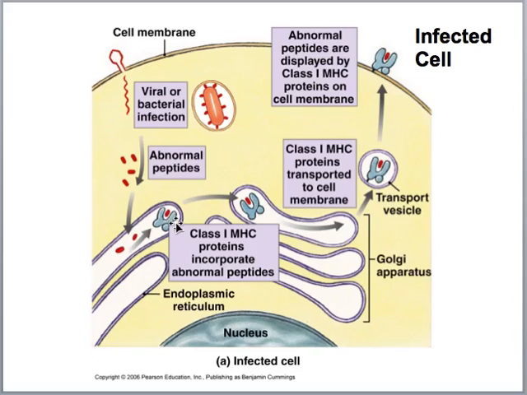It'll incorporate this little abnormal peptide and hold it out there. And then, of course, in the Golgi apparatus, it's going to be put into a little vesicle. The vesicle will carry it to the plasma membrane, and it will then put this little protein out on the surface and say, look at me, I've been infected, and here is the abnormal peptide. Okay, this is an infected cell.